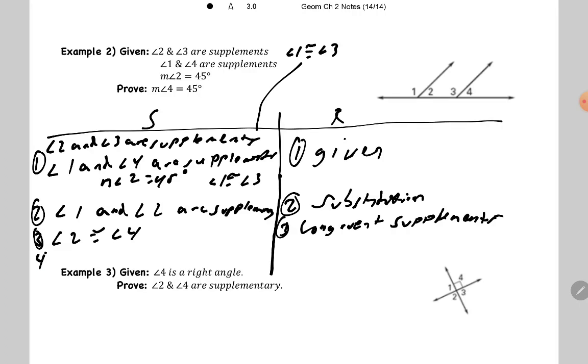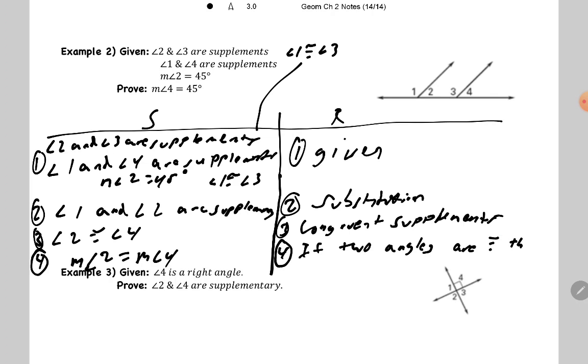And now since the angles are congruent, the measure of angle 2 is equal to the measure of angle 4. And that is the definition, or well, if two angles are congruent, then they have the same measure.